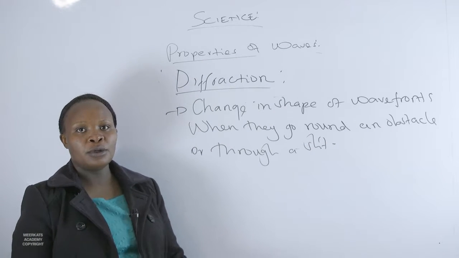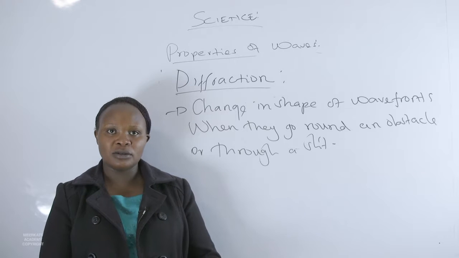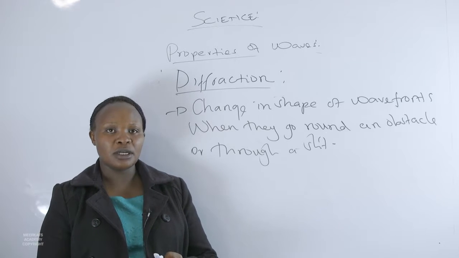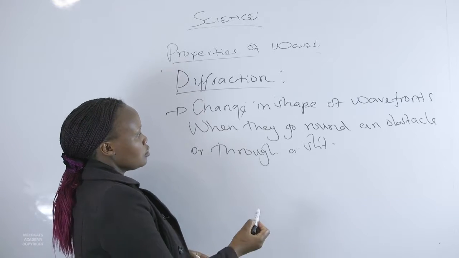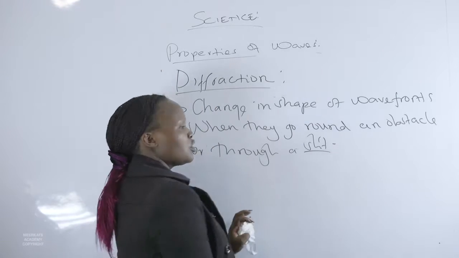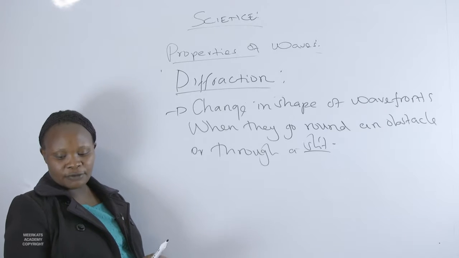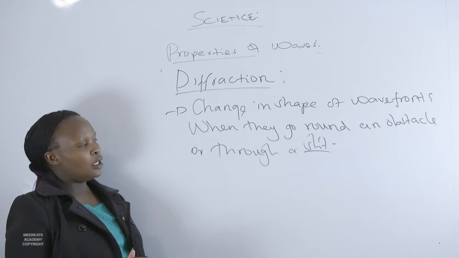That when waves go through an obstacle or they come across a slit, we are going to expect the wavefronts to change their shape, and that is the effect that we call diffraction.